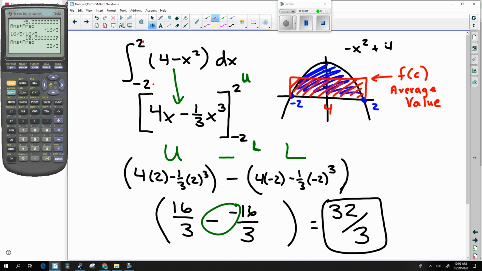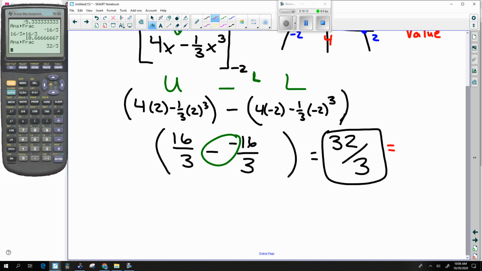And so the average value is this. If I put this in terms of a rectangle, this is going to be equal to the area of the rectangle, which is the base times the height.